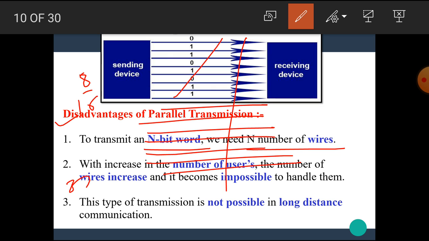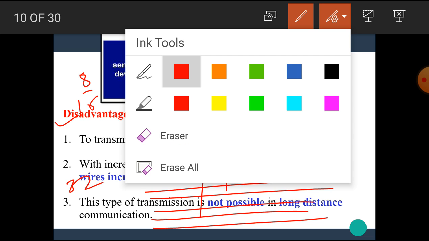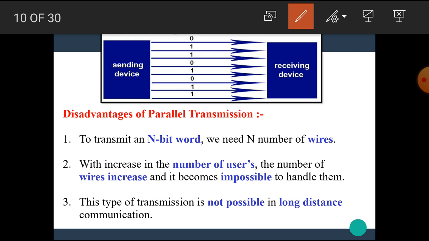If the data is 32-bit, then we require a total of 32 parallel lines. This is the main disadvantage of this type of system. With an increase in the number of users, the number of wires increases and it becomes impossible to handle them. This type of transmission is not possible in long distance communication.